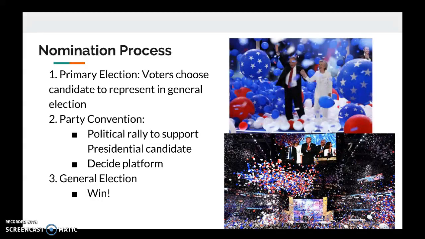Then once you have clinched the nomination, you move on to the party convention, which is essentially a political rally where it's essentially a formality at this point, where there's lots of speeches. The party releases their party platform. There are a ton of balloons.